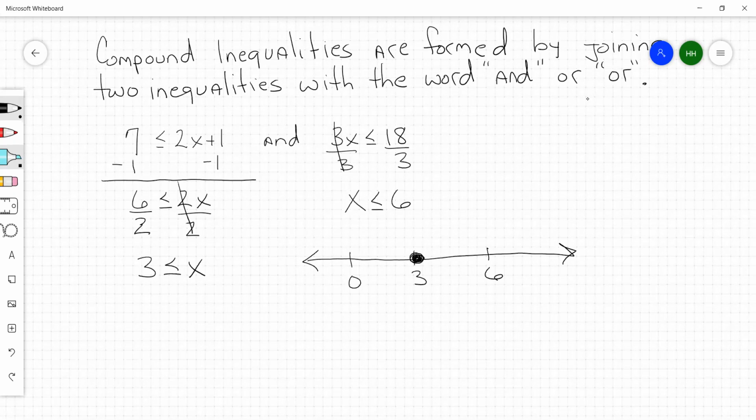The variable's on the right, so we're going to shade opposite the direction of the inequality. The inequality is pointing left, so we're shading to the right. Now, since x is less than or equal to 6, we're closed on the 6 again. We're shading to the left.